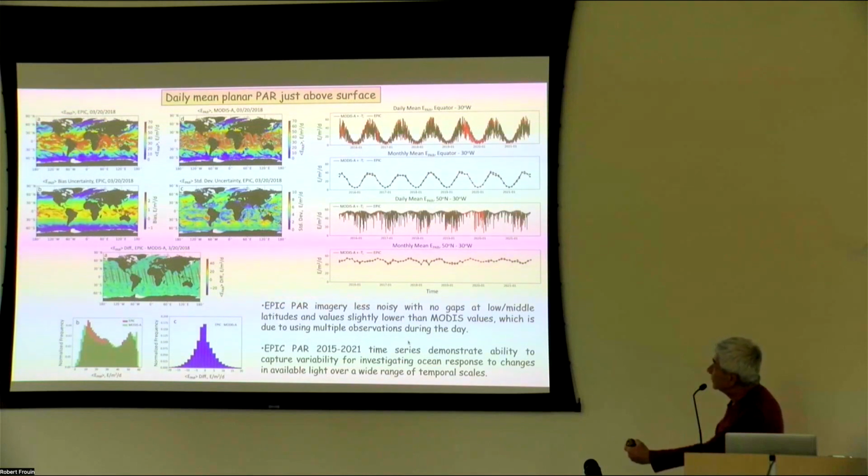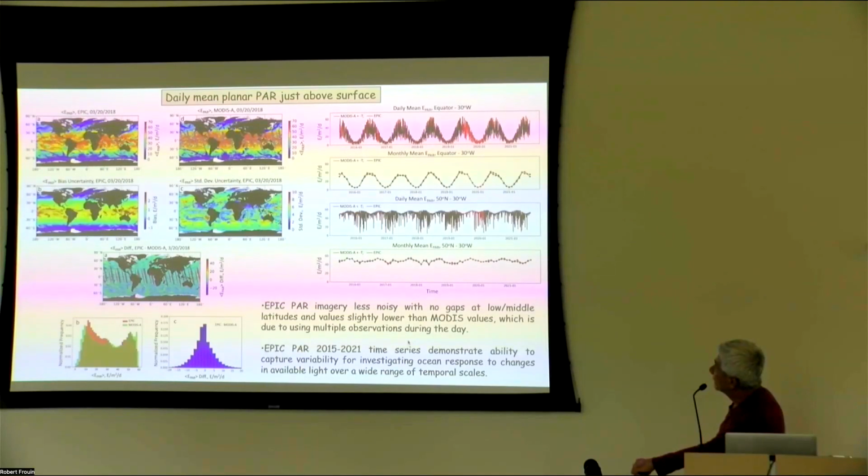And on the right, you have a time series from 2015 to 2022, at two locations, in the middle latitude and at the equator, of the daily PAR.